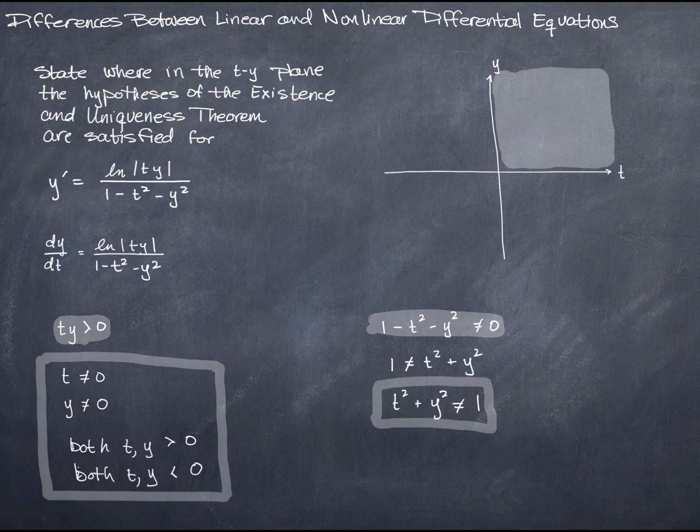All my t values, all my y values are positive, not touching the t-axis or the y-axis here. Or if they're both negative, then I'm going to be in quadrant 3. Careful not to touch the axes there. I kind of touched the axes there. You'll have to pretend with me that didn't happen.